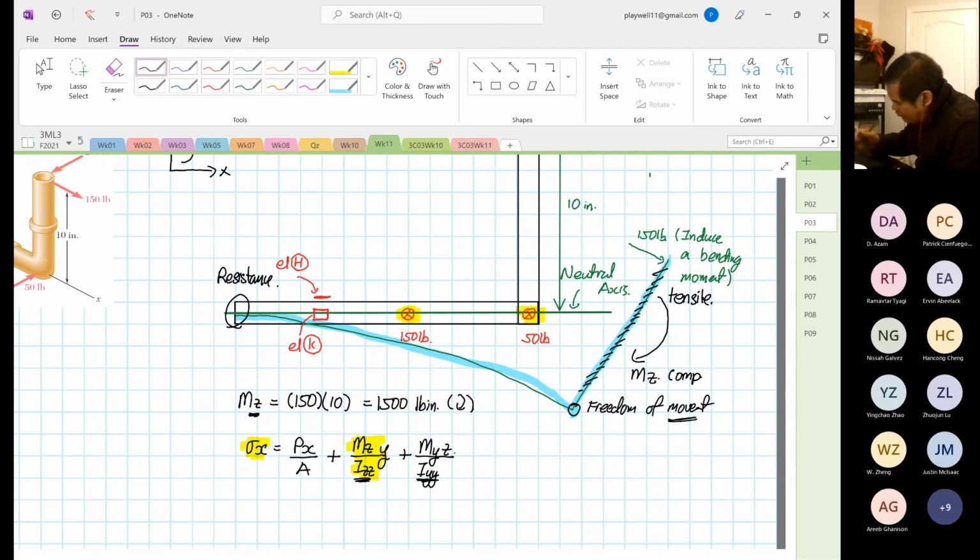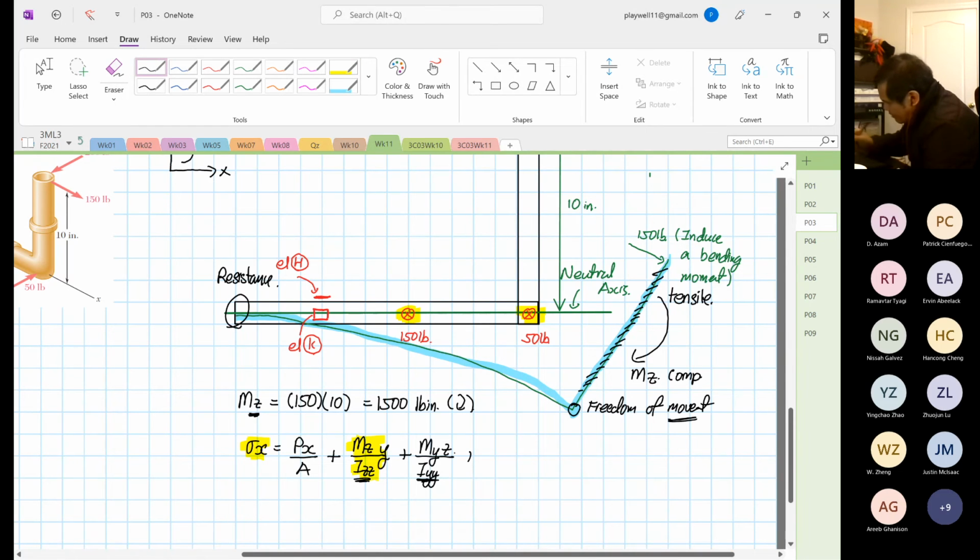So for this case, what do we know? By looking at the moment vector over here, you have to write this out because this will help you. We know that element H, I'll do it in red, is going to be in tension.